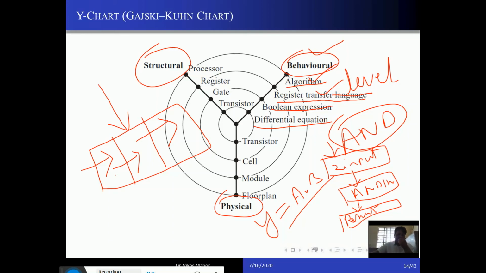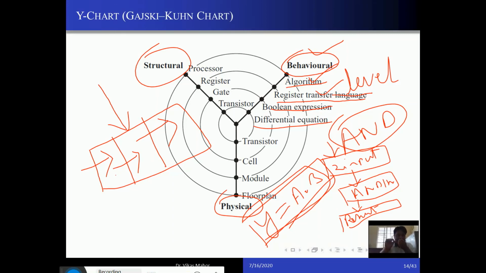Pause this video and think for a second: if you wanted to design y equals a dot b, what does a differential equation have to do with this? I'll explain. This kind of circuit is designed using transistors. You might have studied TTL logic and CMOS logic in your digital circuits.